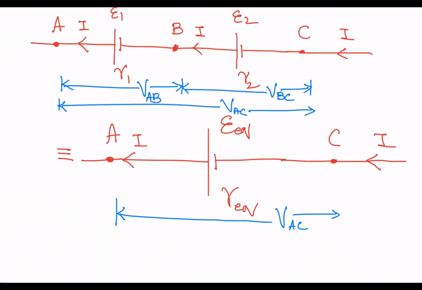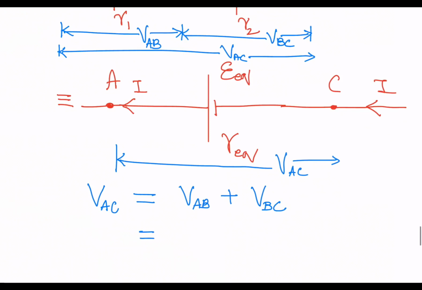By using the equations that we previously learned, we can write that the potential drop VAC in the combination can be written as the sum of the potential drop across the points AB and the potential drop across the points BC.